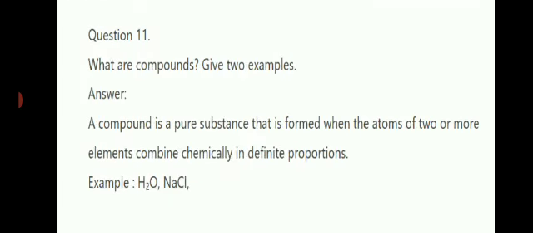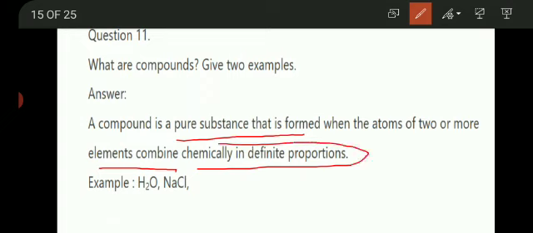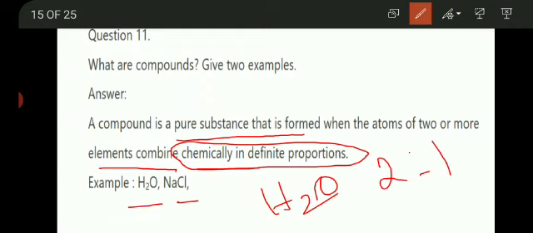Give 2 examples. A compound is a pure substance that is formed when the atoms of 2 or more elements combine chemically in definite proportions. H2O and NaCl. If we take H2O, the proportion is 2:1. This is compound.